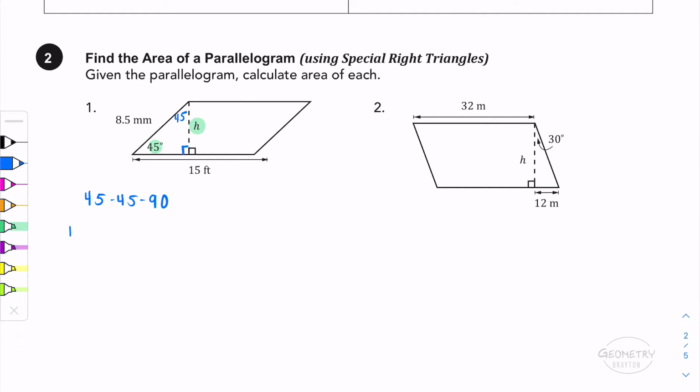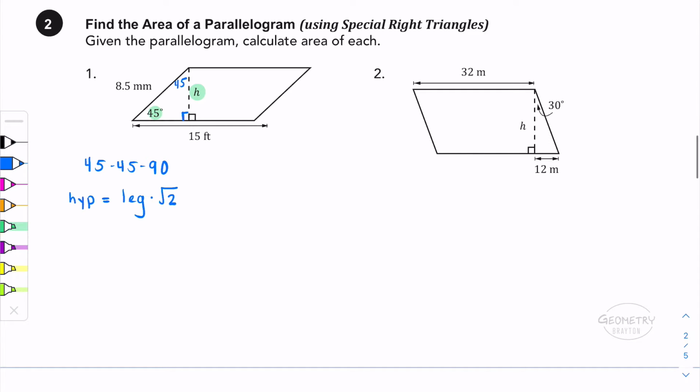And I know that this formula states the hypotenuse is equal to the leg times the square root of 2. I know my hypotenuse is 8.5. My leg length is represented with the variable h, times the square root of 2. I'm going to divide by the square root of 2.